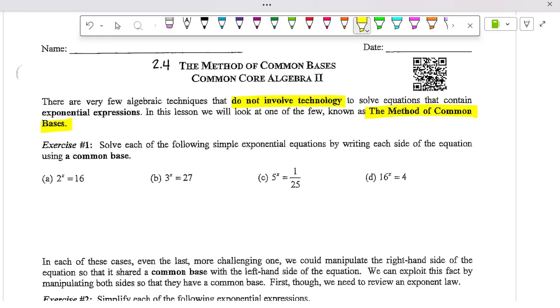So we're going to look at some very, very simple ones. Now, this is why I want you guys to have your power chart out, because it'll help you find those like bases quickly, because you'll be able to see the different bases raised to all the different powers, and you can see where the numbers line up.